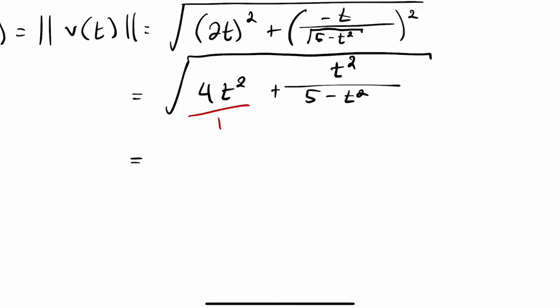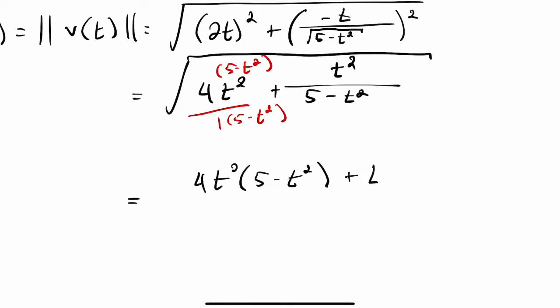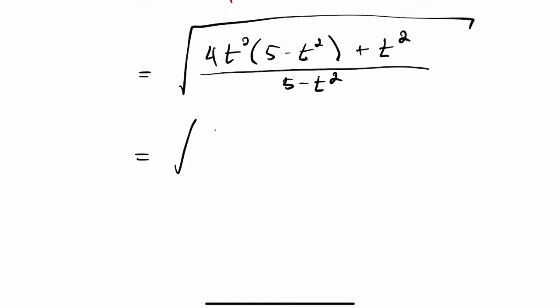I'm going to start by making this 4t squared into a fraction, and then finding a common denominator. So I'll multiply the top and bottom of that fraction by 5 minus t squared. So now we have 4t squared times 5 minus t squared plus t squared. I can write that as a single numerator since we now have a common denominator. This would be 20t squared minus 4t cubed plus t squared, all over 5 minus t squared.